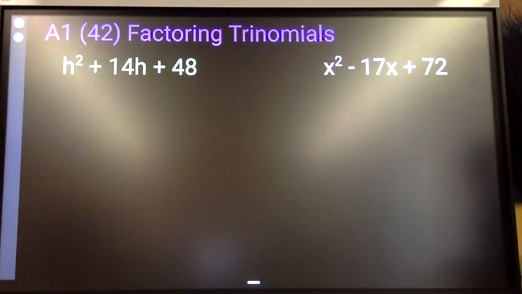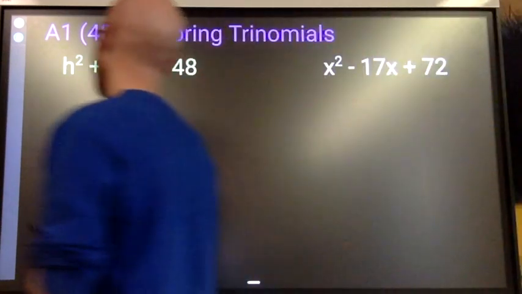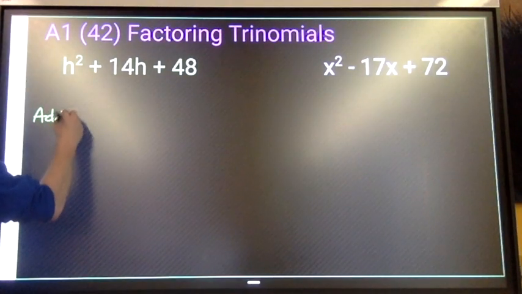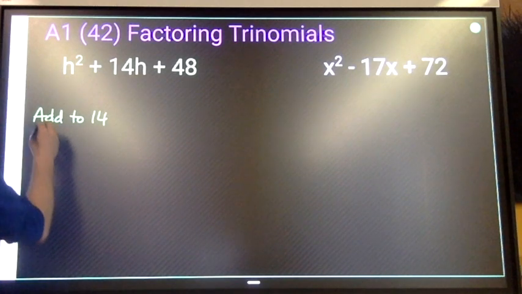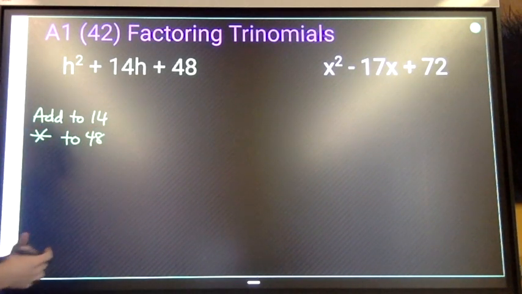So here's our situation. I'm looking for two numbers that add to 14 and multiply to 48.